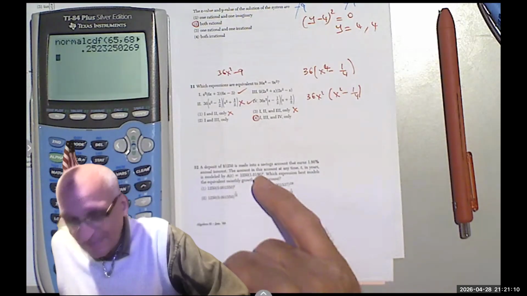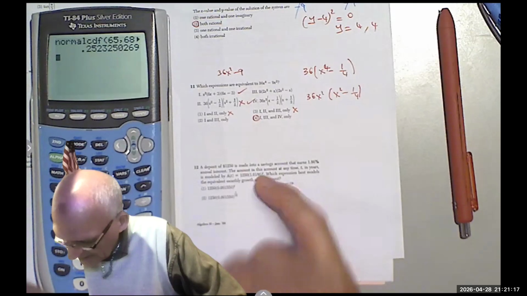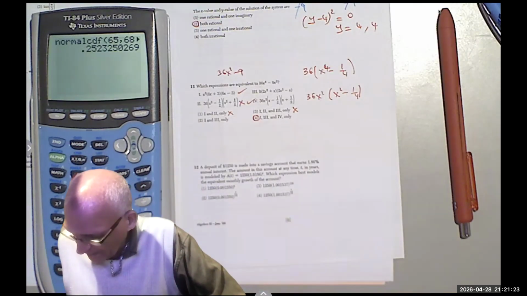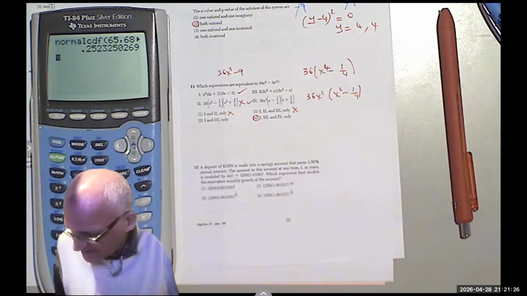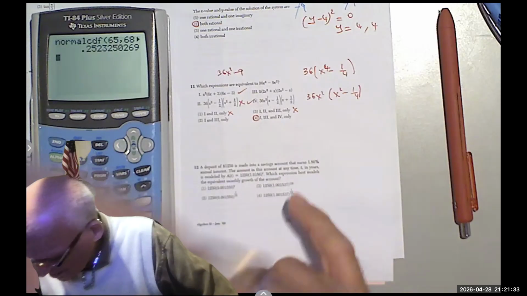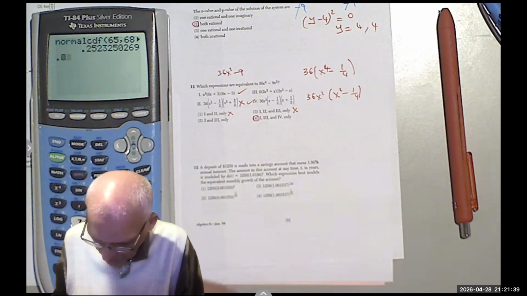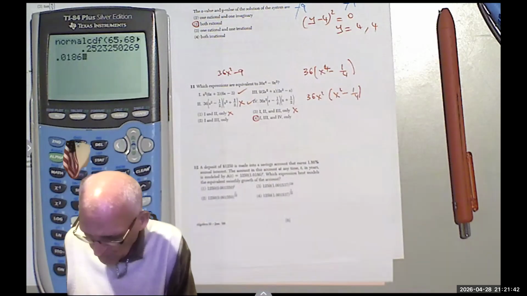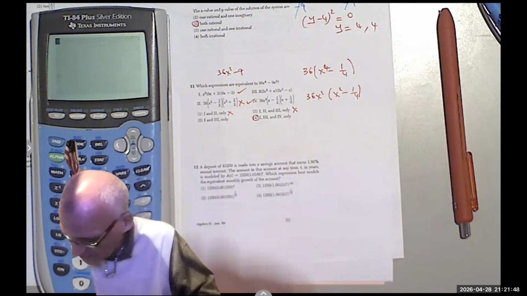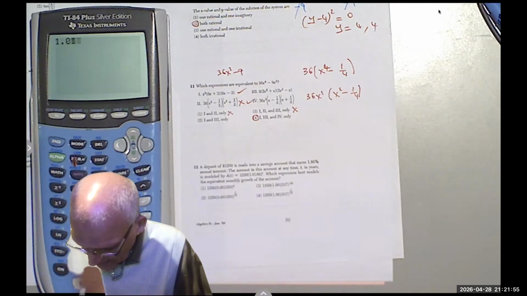Now, you wanted a value that when you raise it to the 12th power, you get 1.0186. So it's 1.0186, right?